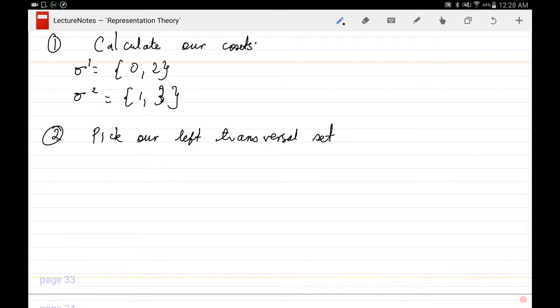This is really important. I'm going to pick my left transversal set to be 0 and 1. So you can see that 0 is from sigma 1 and 1 is from sigma 2. And I called this before; this can be g1 and this can be g2.